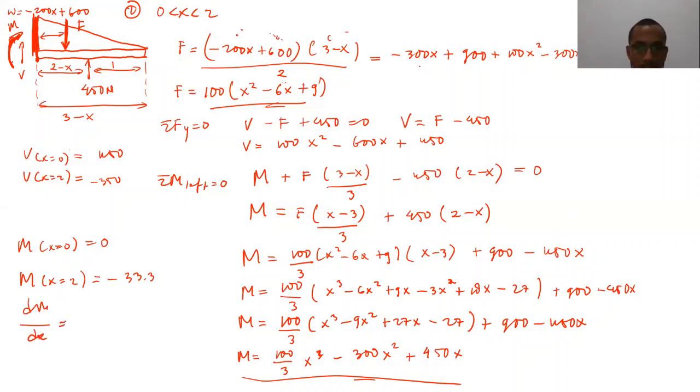Here supposed to be 100x squared minus 600x plus 450, and it's supposed to be equal to 0.